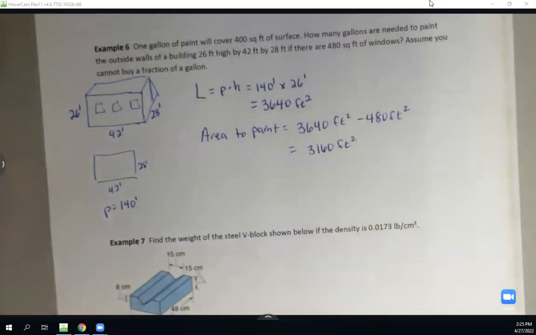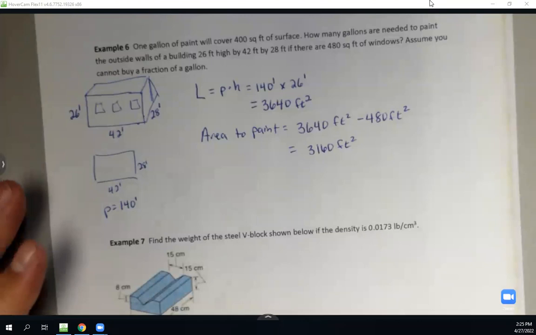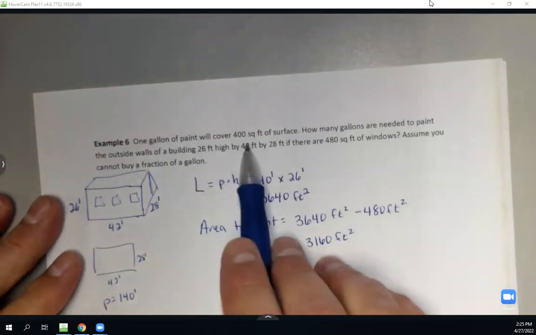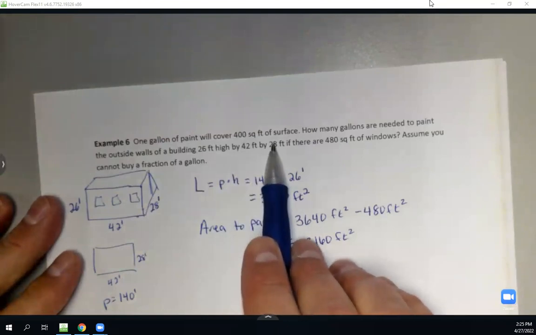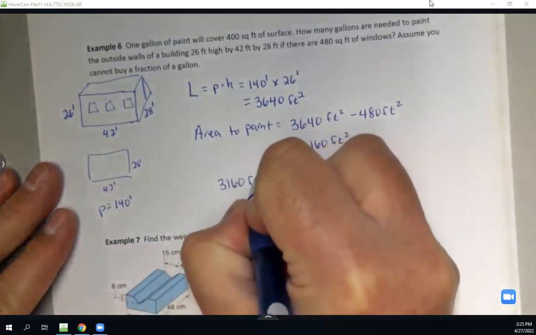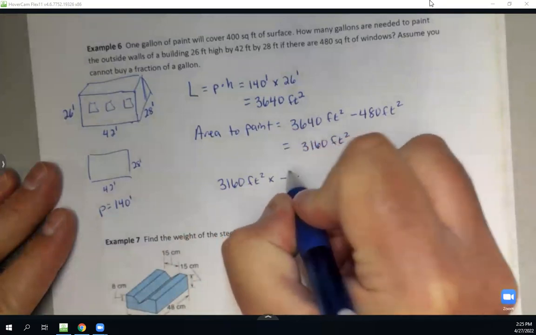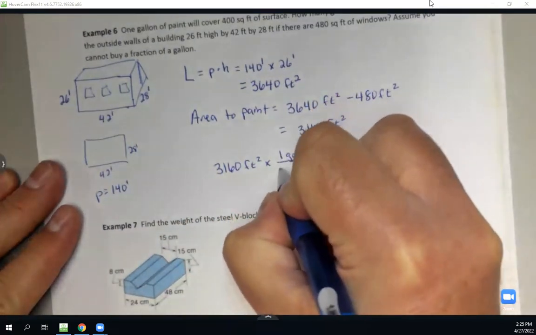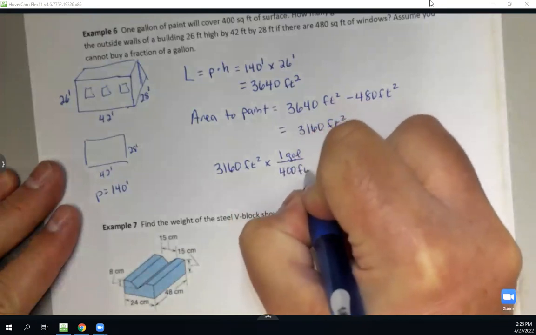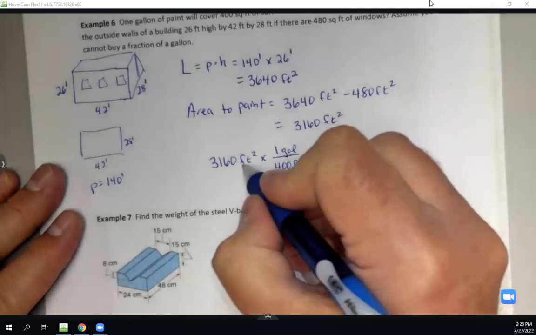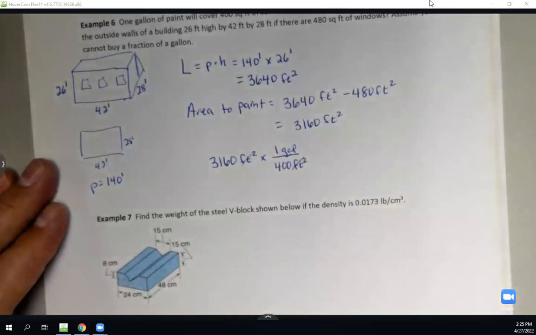But my question is, how many gallons of paint do I need to buy? Well, again, we know that 1 gallon of paint will cover 400 square feet of surface. So if I take my 3,160 square feet, and multiply that by 1 gallon per 400 square feet of surface, in other words, I'm really going to divide by 400.